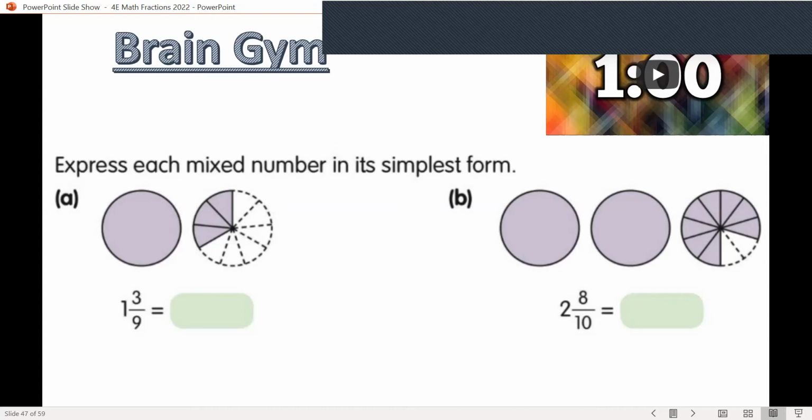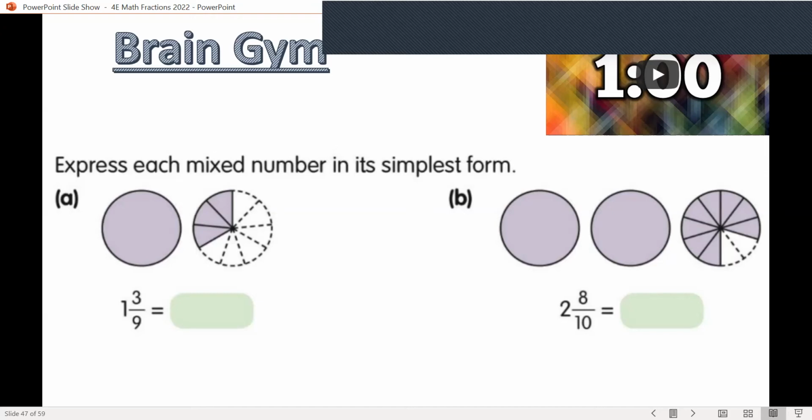So in our first one, A, 1 3/9, what was the common factor that you divide by? 3. So you grouped into thirds, and then you got 1/3 after simplifying the fraction, keep the whole as it is.